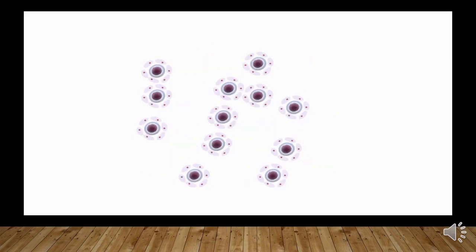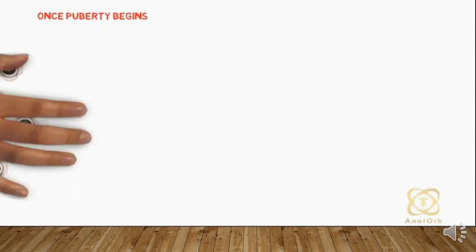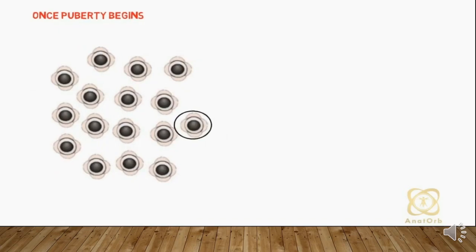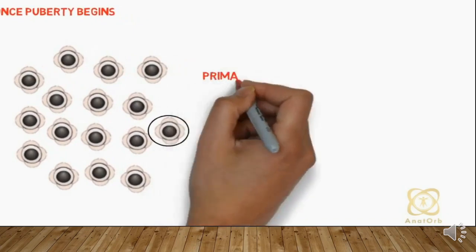Only approximately 40,000 will be present by the beginning of puberty, and fewer than 500 will be ovulated. Once puberty begins, 15 to 20 primary oocytes begin to mature each month, although only one of these reaches full maturation to become an oocyte.